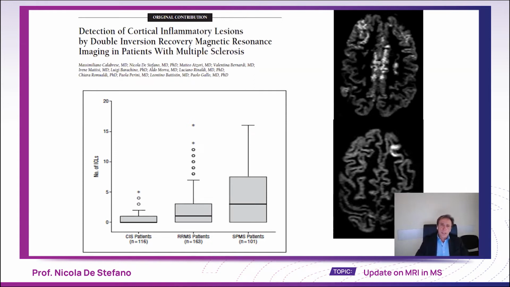Both at the early stages, but also in a sort of damage that could actually predict worsening in disability over time.